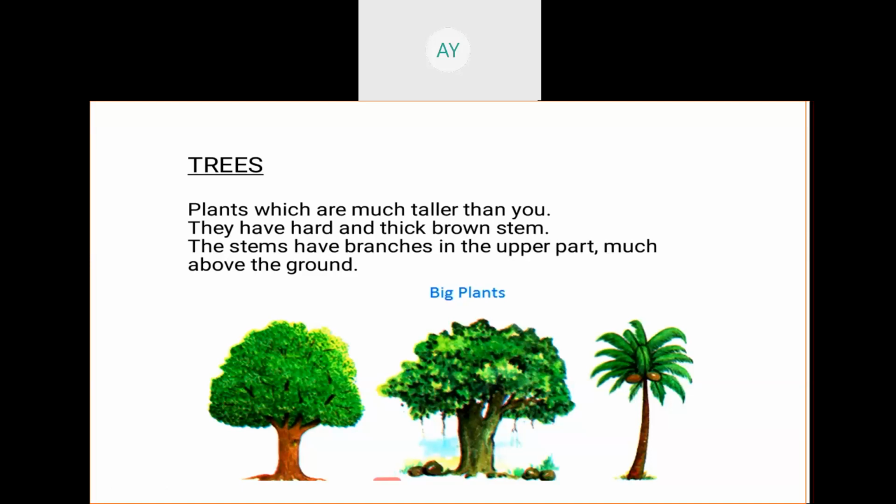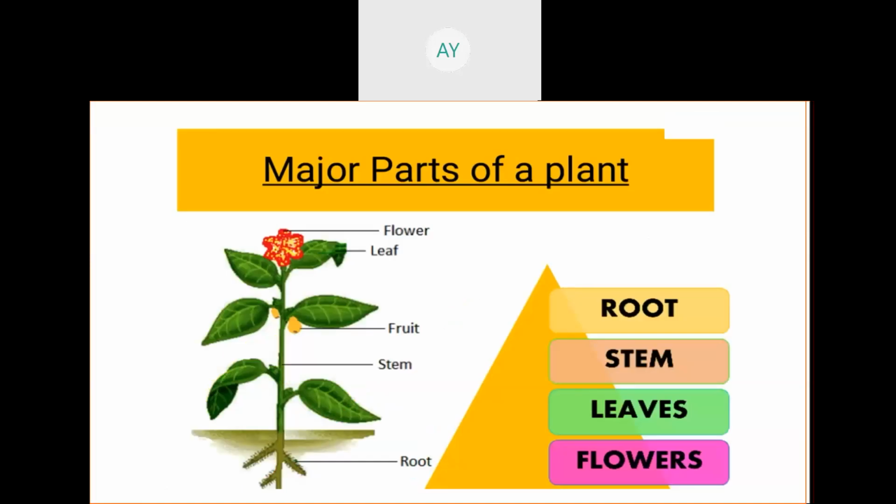Examples of these stems are mango tree, banyan tree, coconut tree, peepal tree. You will find a lot of trees in your surroundings, so try to identify the different types of trees.